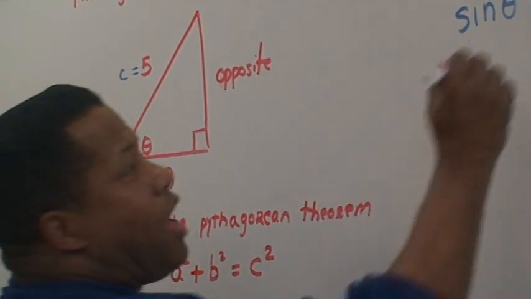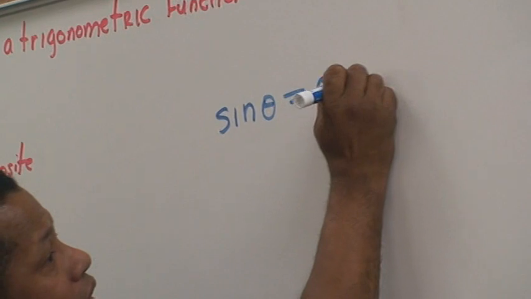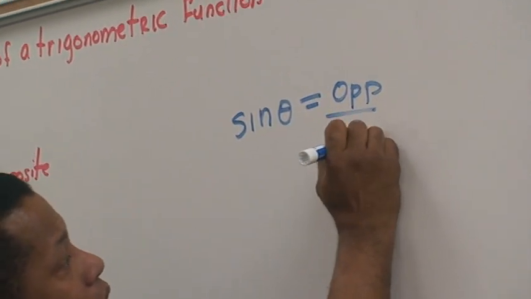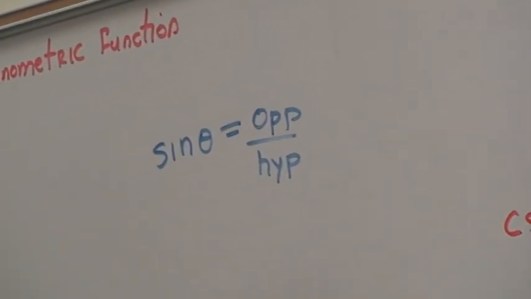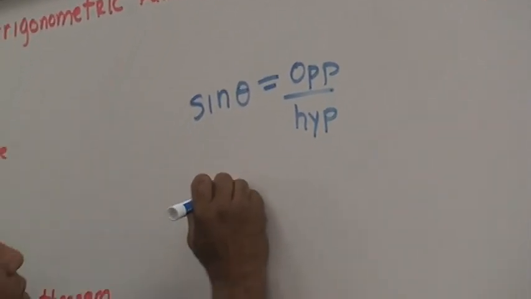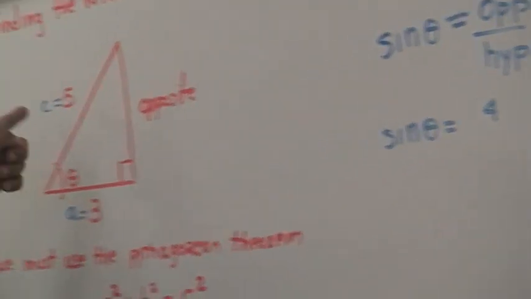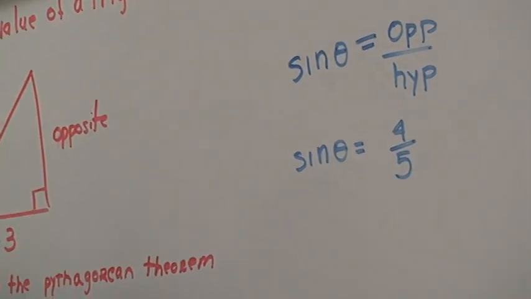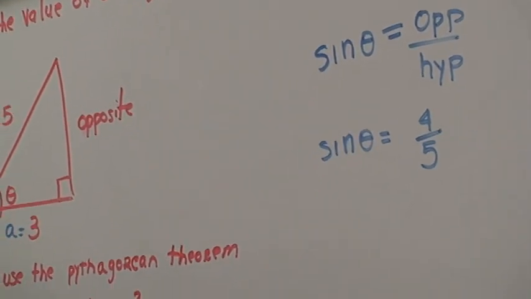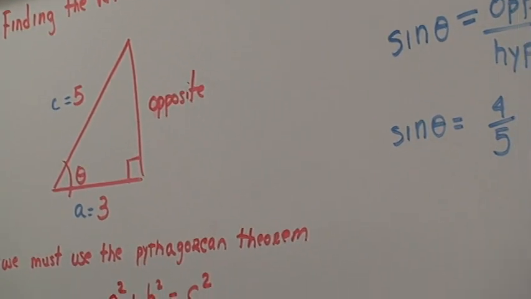We can abbreviate it OPP divided by HYP, the opposite over hypotenuse. So sine theta will equal 4, the opposite, over 5, the hypotenuse. 4 over 5. This is the exact value for that trig identity.